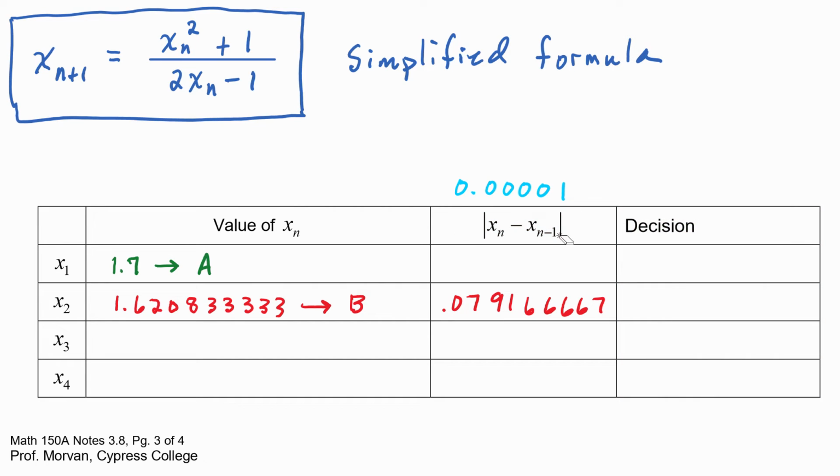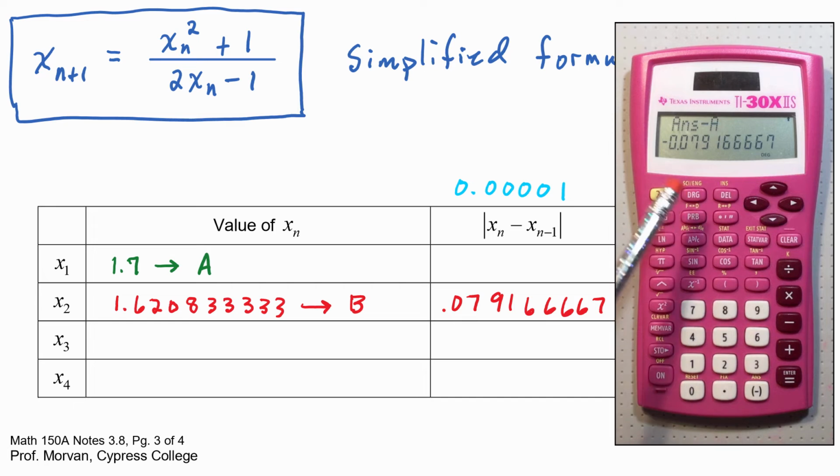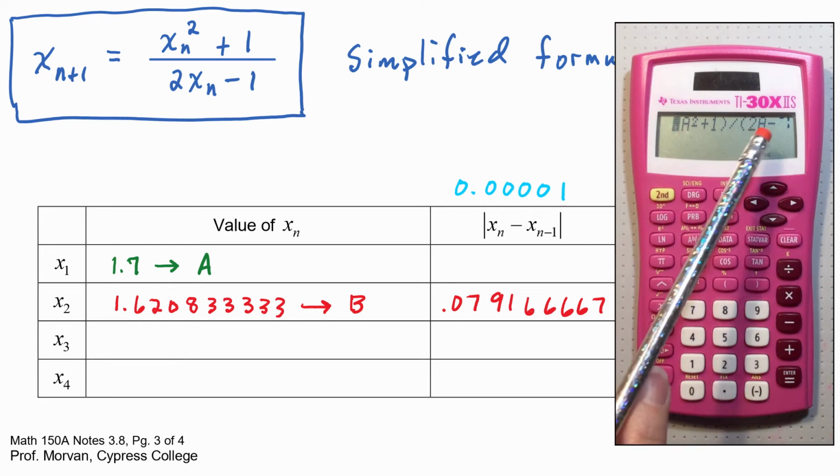Is this within our accuracy, or is it outside the accuracy? And since this value is greater than 0.00001, we know that tells us to go on to the next step and find x3. So remember the quick way now, because we've already calculated an xn value here, let's just cursor up and replace all the a's with b.